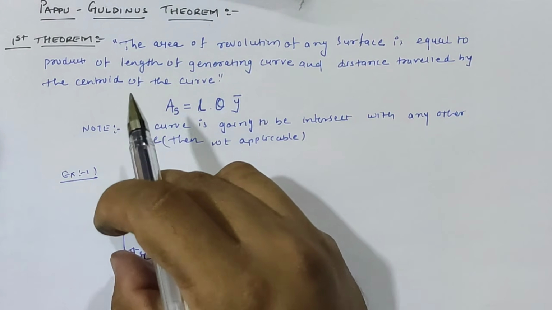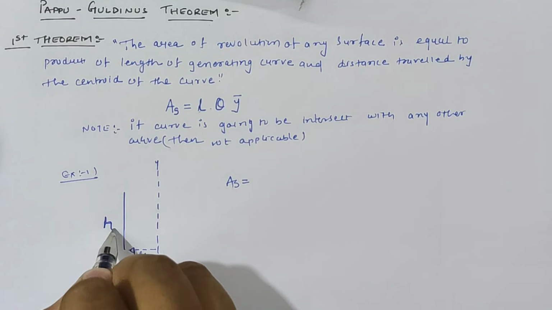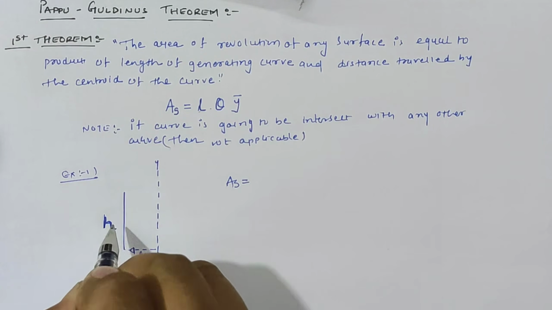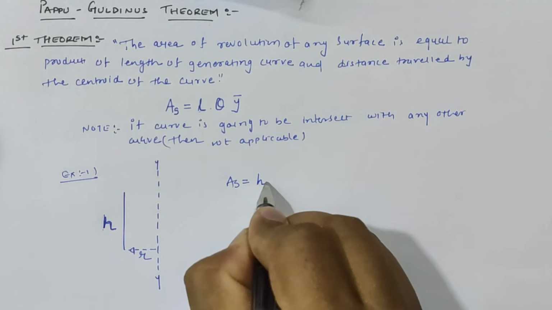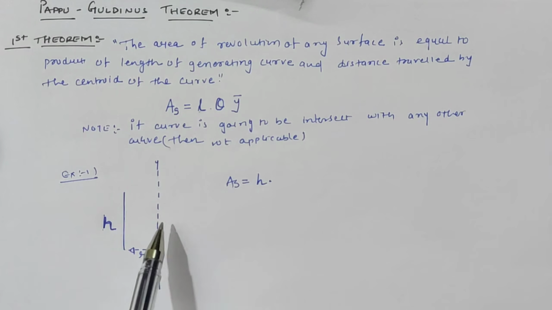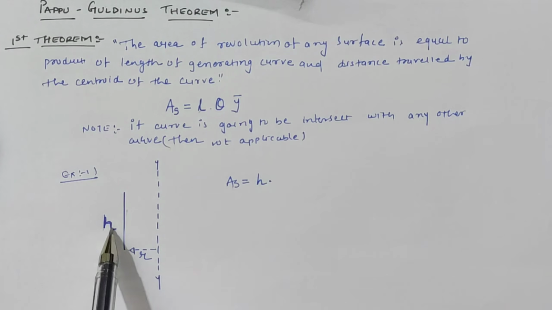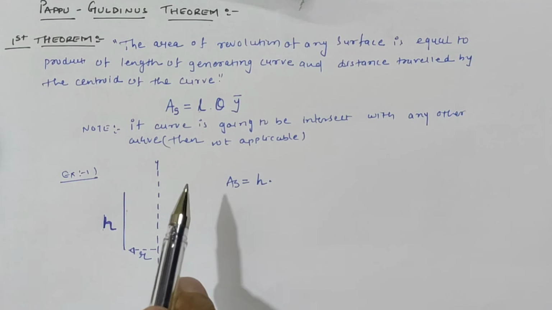Now small l is the total length, or let us assume height instead of length, then L can be written as small h. Now theta means the revolution of the particular line having h as height with respect to YY in 360 degrees.